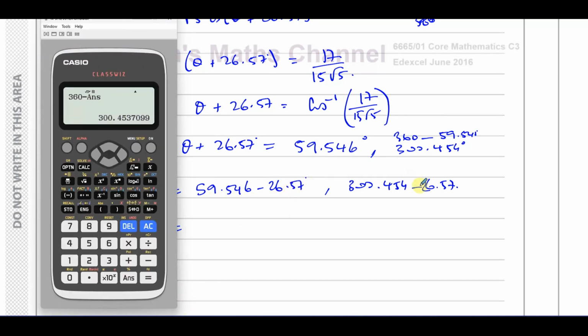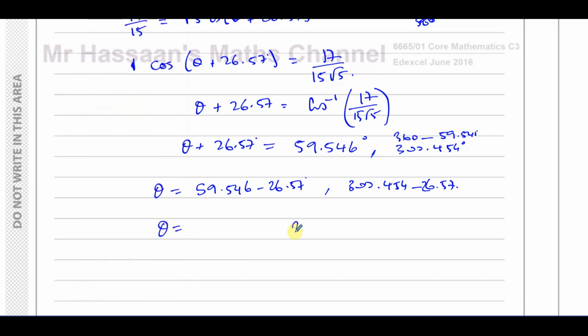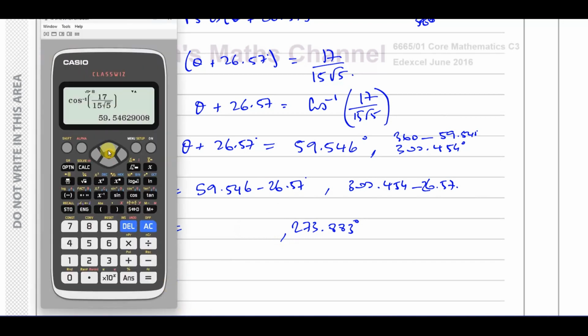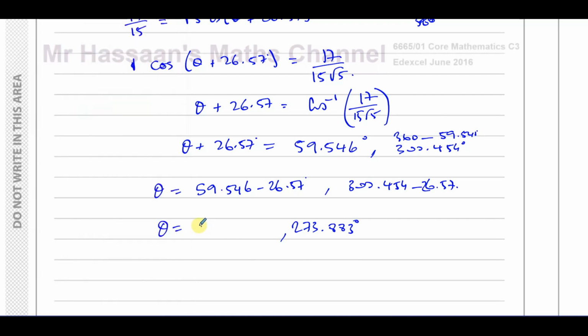So let's start with this one, 300.454 minus 26.57. That gives us 273.883 degrees. And here we're going to have this original answer minus 26.57, and that gives us 32.976 degrees.